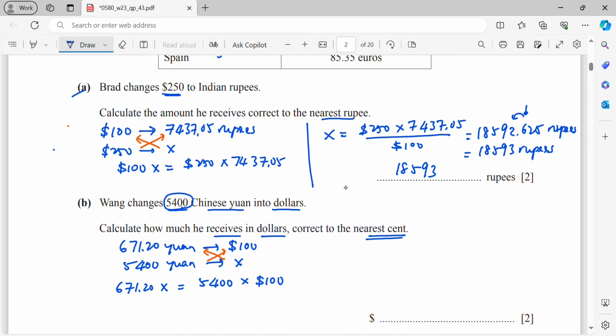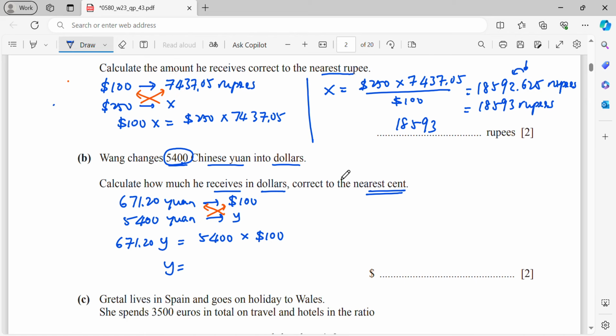Then from here, to make it different, I don't want to use X, but I use Y. So now to get the Y, I have to divide the whole equation by 671.20. So it will be 5400 times $100 over 671.20.